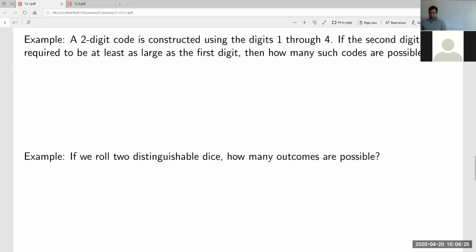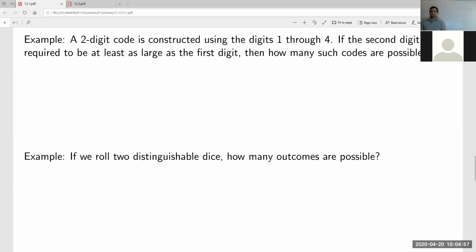So one example that I wanted to come back to was the top one here. A 2-digit code is constructed using digits 1 through 4. If the second digit is required to be at least as large as the first digit, then how many such codes are possible? This one was a little bit different from the other ones that we had been working with.